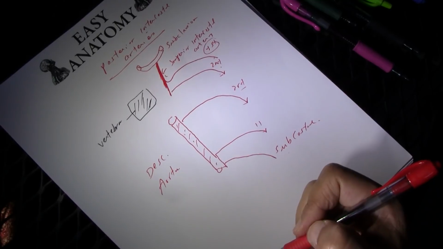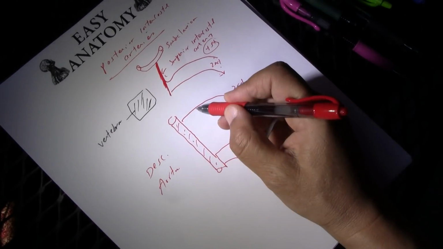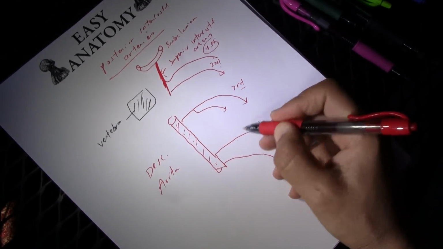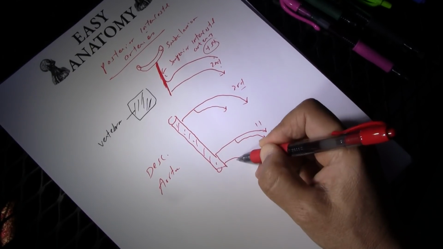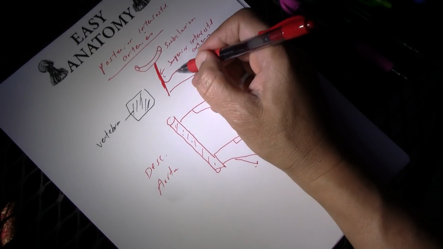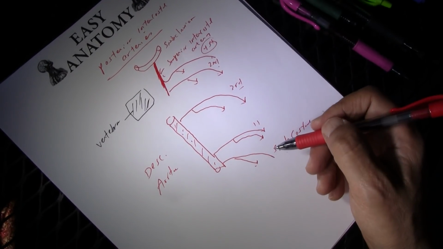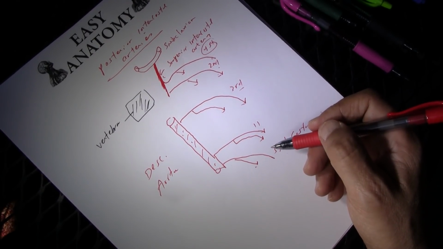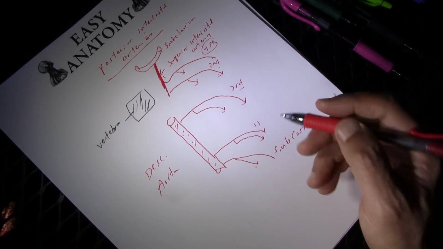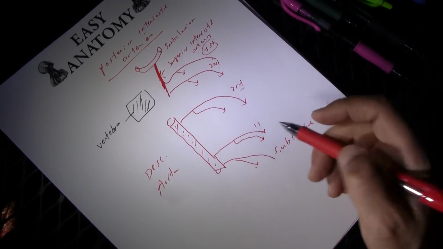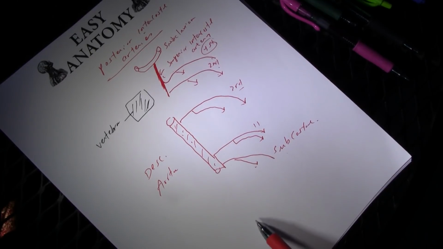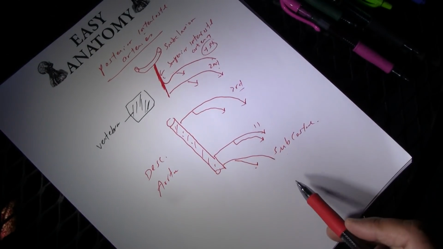From the descending aorta. And keep in mind that each of them sends a collateral to the lower part of the intercostal space, and the collateral goes and anastomoses with one of the two anterior intercostal arteries in the anterior space. Okay, these arteries extend between the bony part of the rib.